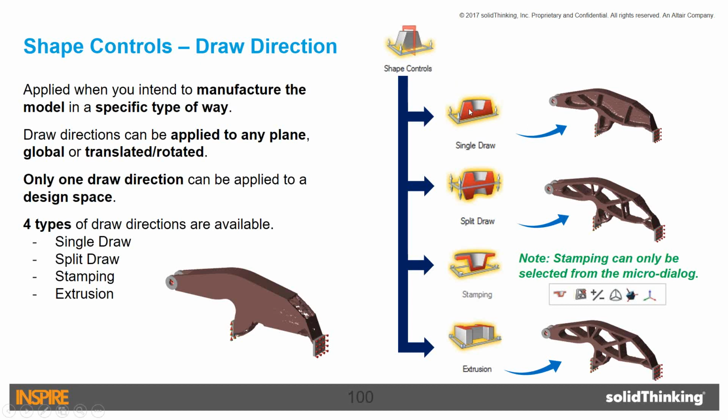So it needs to not undercut. And by selecting single draw, you see that my part now has these internal ribs in it. So I can imagine I could pour this into a mold, turn the mold over, smack it, and this would fall out. Split draw works the same way, but it's as if I bring two molds together, which allows them to come out at an angle, but only at the split plane.